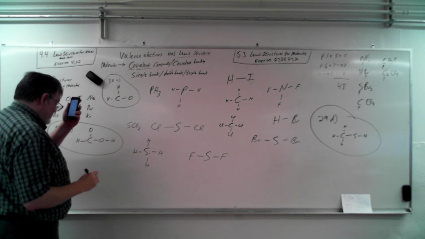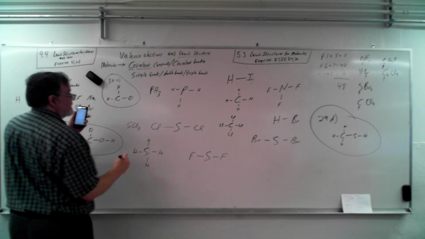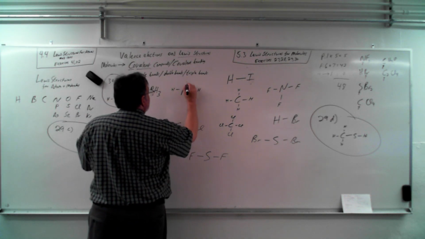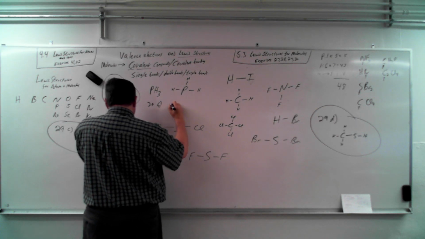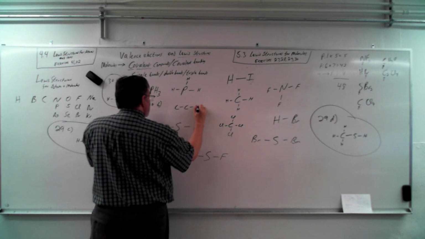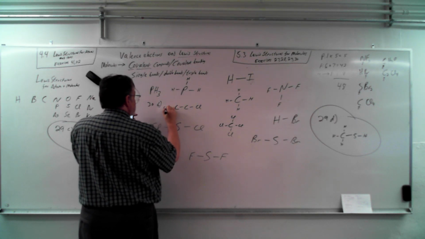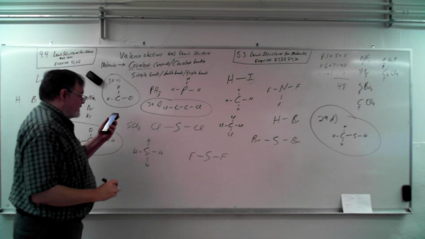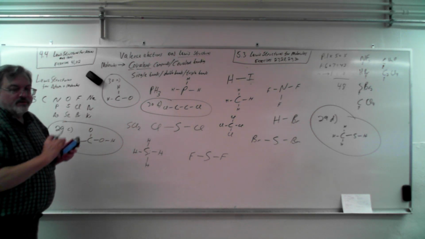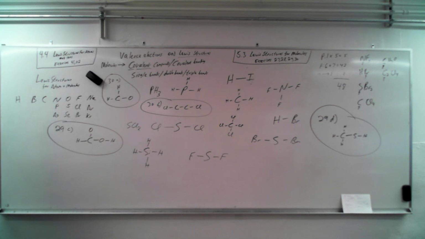And the last one is, I think I did this one. 30B is, the C's are the central and the Cl's are on the outside. So look at those and follow these rules and see if it makes sense.